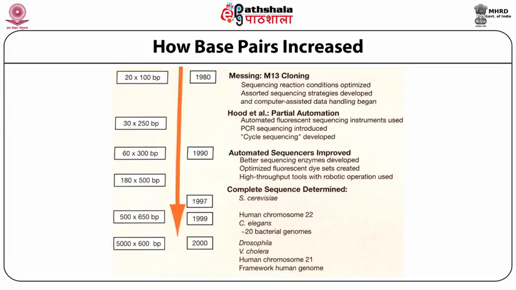So that was a historical event when the complete human genome sequence was completed, and this opened a new era of personalized medicine and more screening of diseases due to defects in the nucleotide sequence.